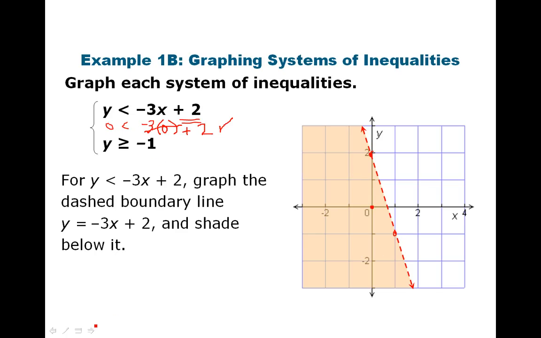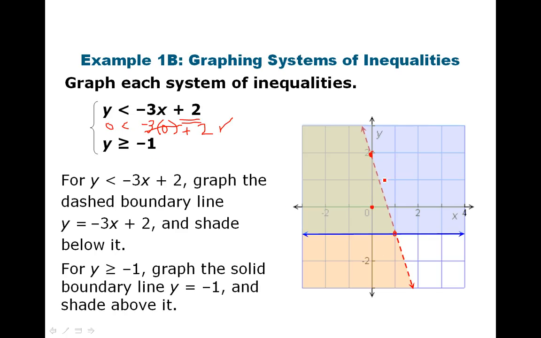Okay, we also need to graph the other line of y equals negative 1. That's a horizontal line. It is solid because there's the equal to, and this time we're going to be shaded where y is greater than negative 1, and that's everything above. So again, the overlapping region is where the solution is.